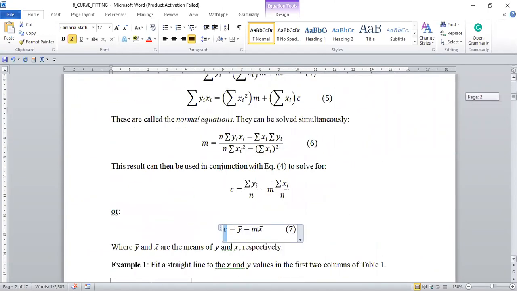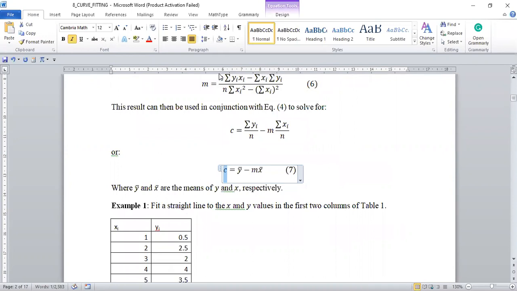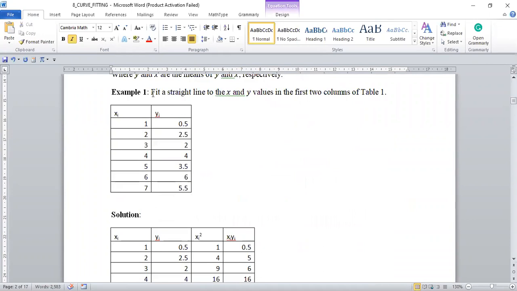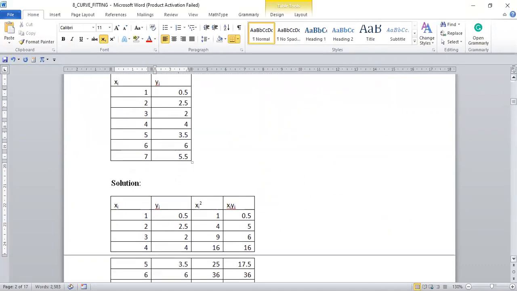So what I've just done is to prove how to get your m, which is your slope, then how to get your c, which is your intercept. We are going to use an example to explain it. So we are saying fit a straight line to the x and y values, given this data set.